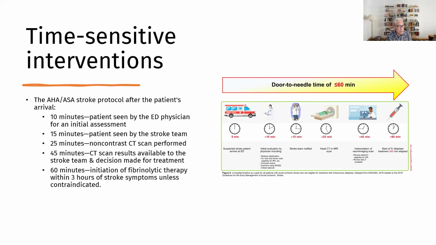At 60 minutes, if the patient has an ischemic stroke, there has to be initiation of fibrinolytic therapy or alteplase therapy within 3 hours of the stroke symptoms, unless, of course, there are contraindications. That's the action plan for the presentation of a patient in the emergency department.